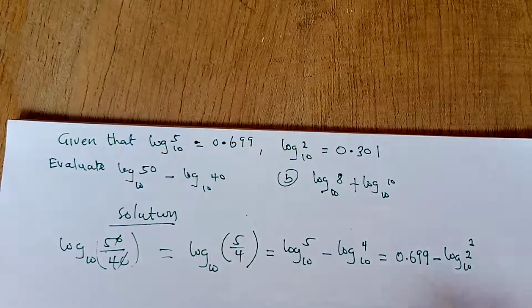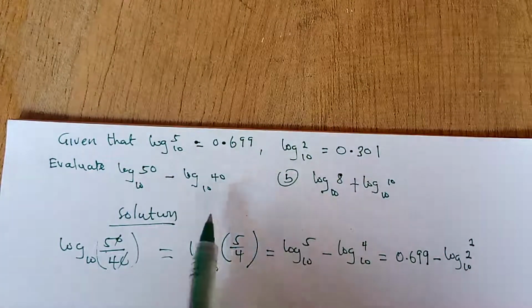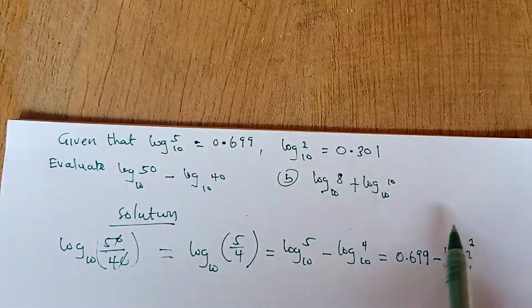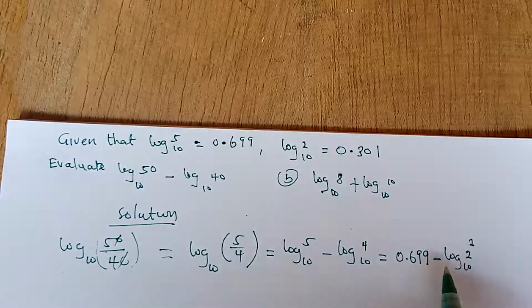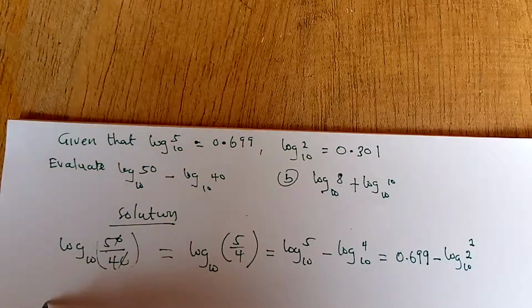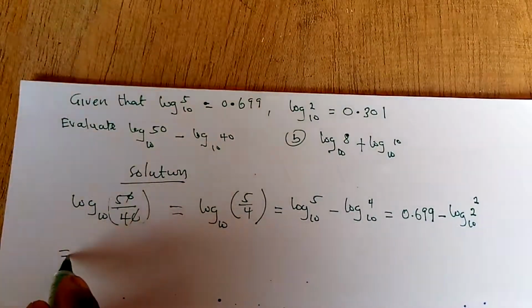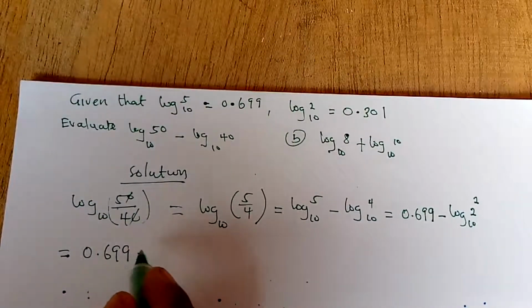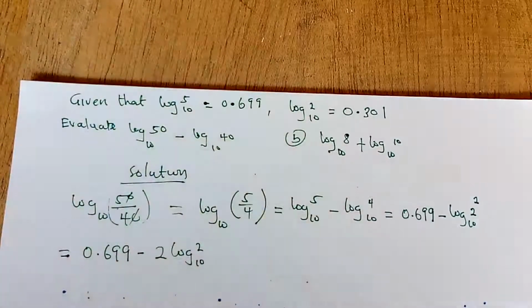Then log 2 to the base 10 is provided. The law of logarithm states that the power falls back to the front, and I have 0.699 minus 2 log 2 to the base 10.